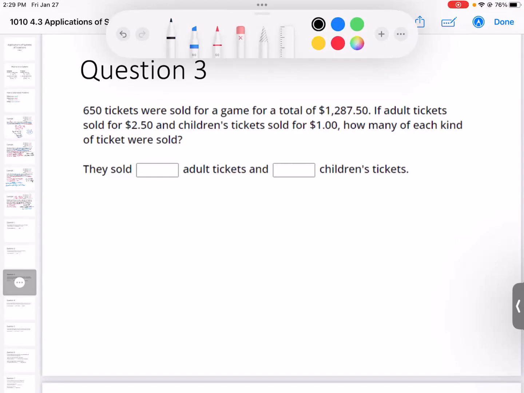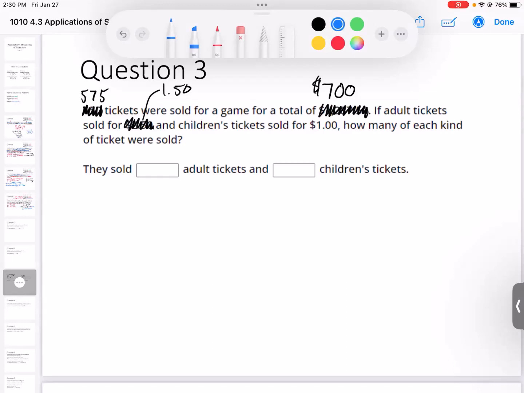So I have 575 tickets, and they were sold for a game for a total of exactly 700. And then adult tickets are 50. Okay. Awesome. So if anyone wants to follow along with question 3, you're welcome to, or you can just work on your own.